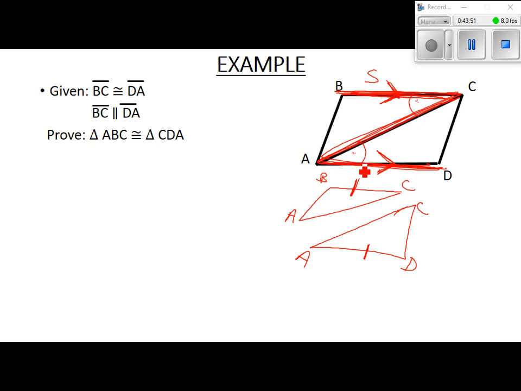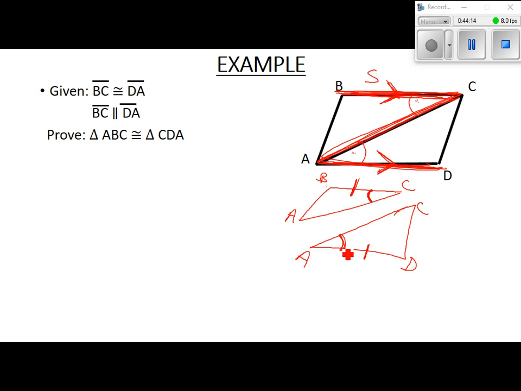Name this angle up top here for me. Can't name it with just C. BCA, good. BCA, that's this angle right here, so let's mark it. Name the angle in the bottom triangle for me. CAD, that's this angle.